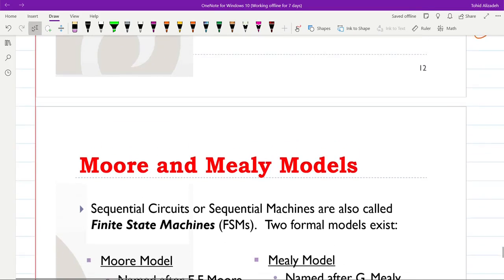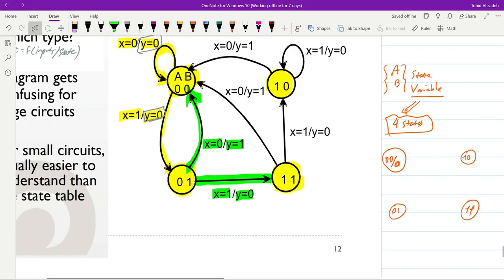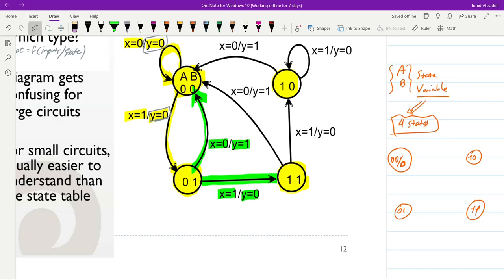Another thing that I would like to mention here is that some of the states in this example could be considered equivalent to each other. So let's see it in detail. If I consider the states 01 and 11, you can see that when the input to each of these states is equal to 0, the output is equal to 1, and the next state is 00.